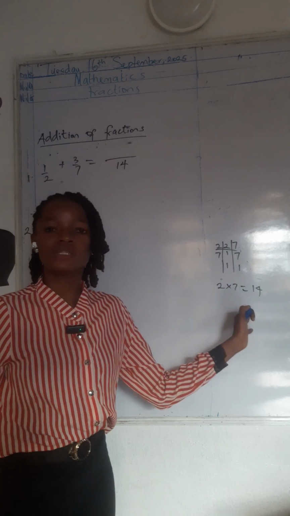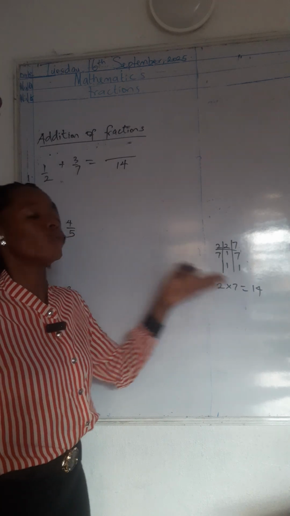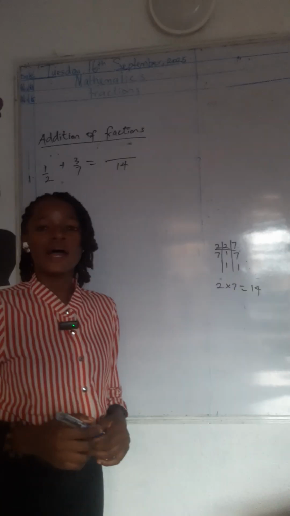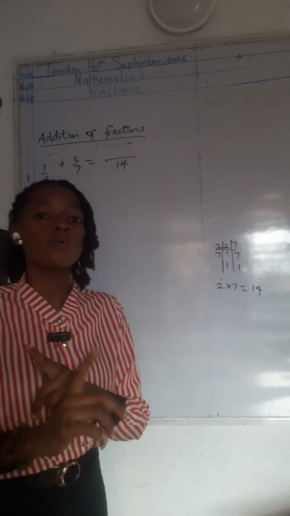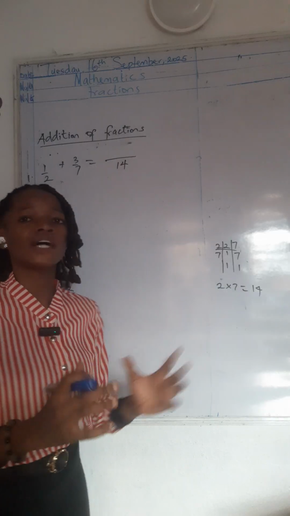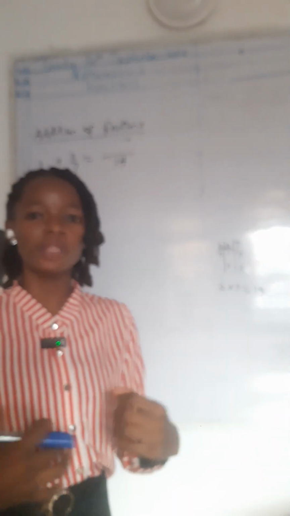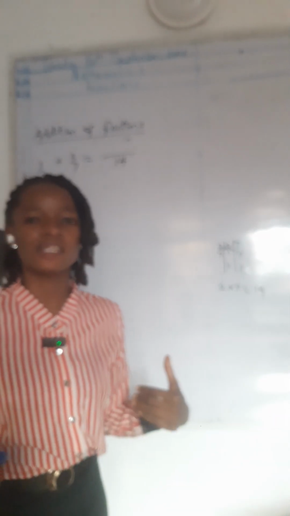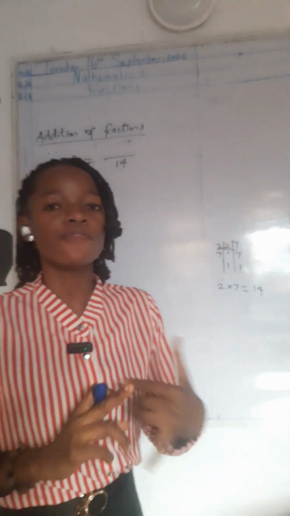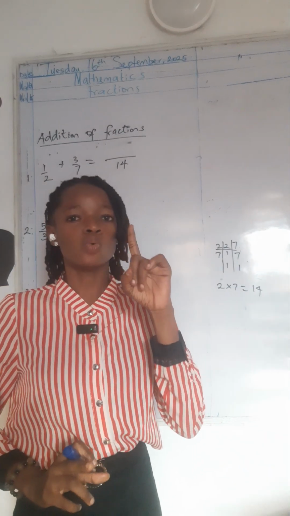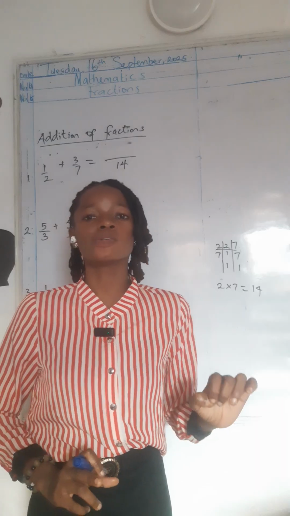Instead of going through this, as year 5 or year 6 learners, you are working with time. And they say time and tide wait for no man. So just look at your fractions, look at the denominators you are given. Are they the same? If they are the same, remember in our previous video, just bring out one of the numbers as your LCM.